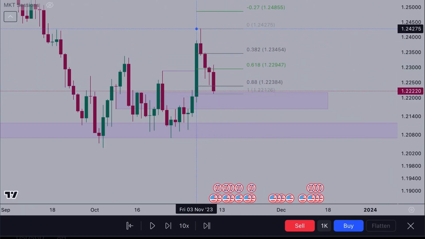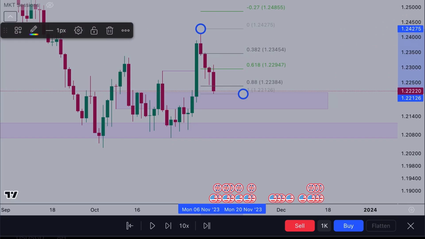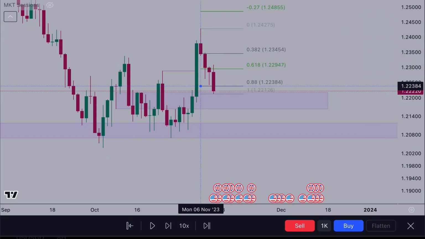Let's draw a Fibonacci. It is always from the end of the correction to the beginning of the correction. As you can see, the correction ended right here, and this was the start. So you draw it in the opposite direction, from the end of the correction to the beginning of the correction.